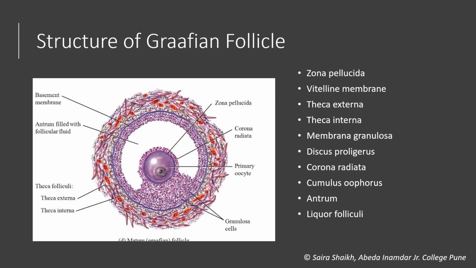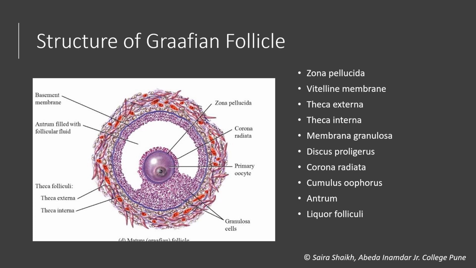Students, now we'll focus on the structure of the tertiary follicle, or the mature follicle, or the Graafian follicle. We know that in the secondary follicle, the outermost layer is the theca layer, which is a protective layer formed by connective tissue cells, that is the stroma cells.